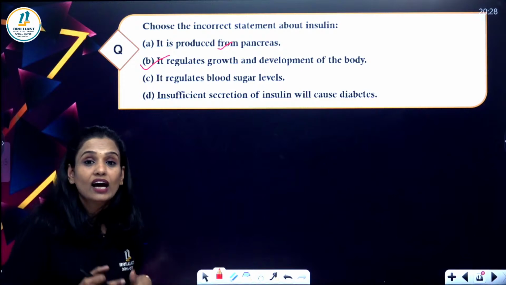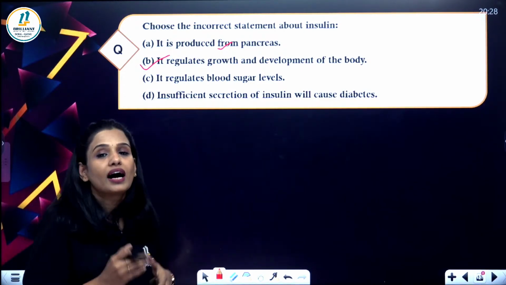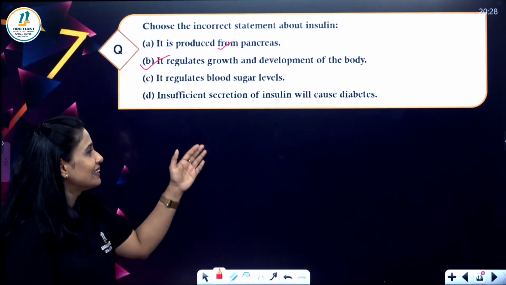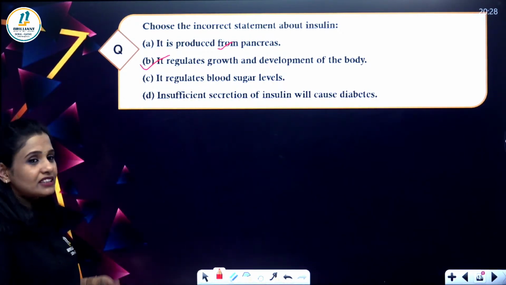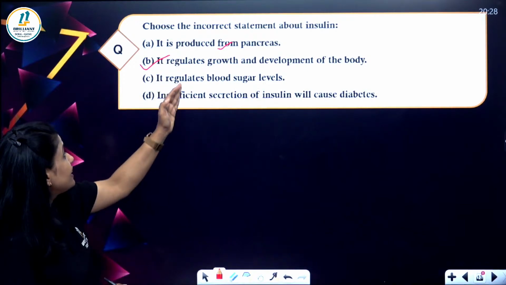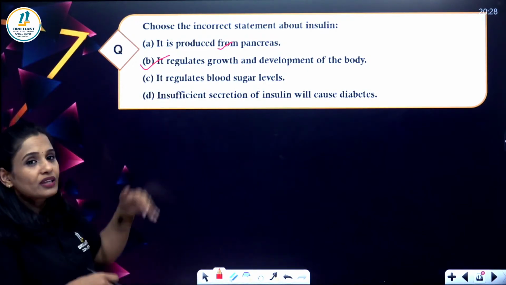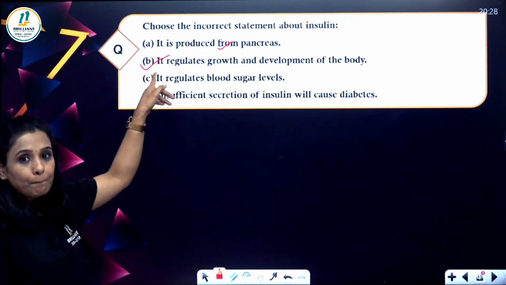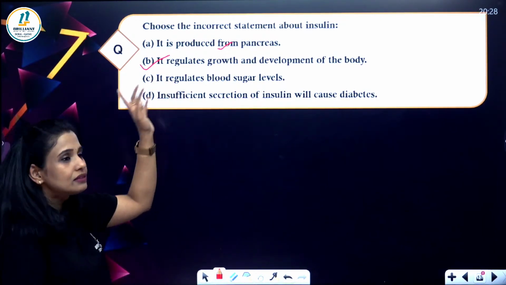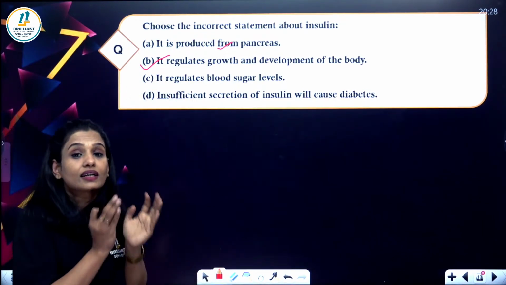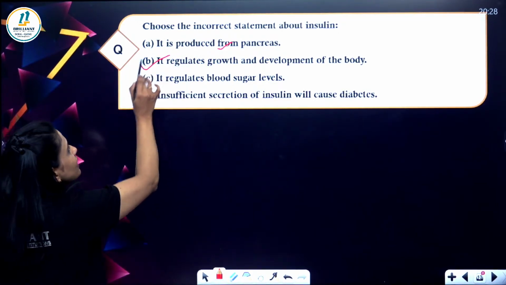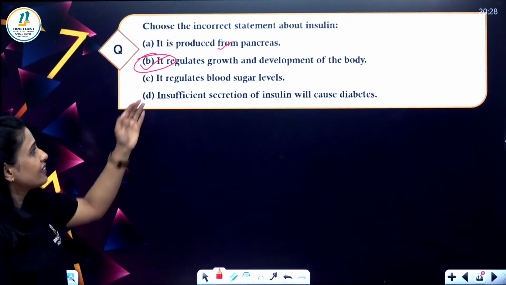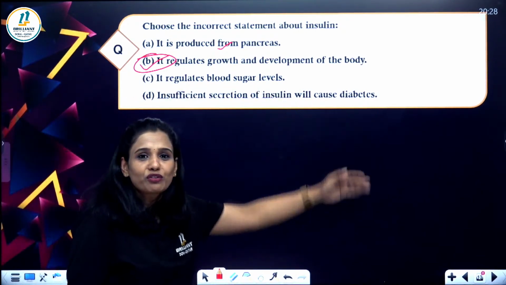So lack of insulin will cause high blood sugar level, that is diabetes. All these three statements are correct about insulin, but option B is not correct for insulin. It regulates growth and development of the body.